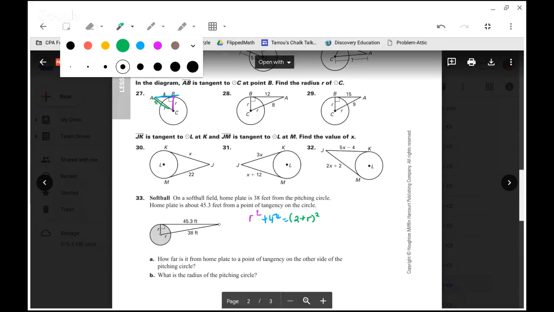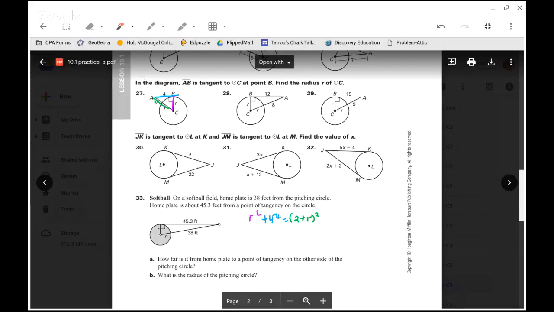So when we work that out now, you're going to have R squared plus 16 over here, right? And then this part, this 2 plus R squared, we have to FOIL that. Do you remember how to FOIL? Remember, FOIL is your first, and then your outsides, then your insides, and then your last, okay?